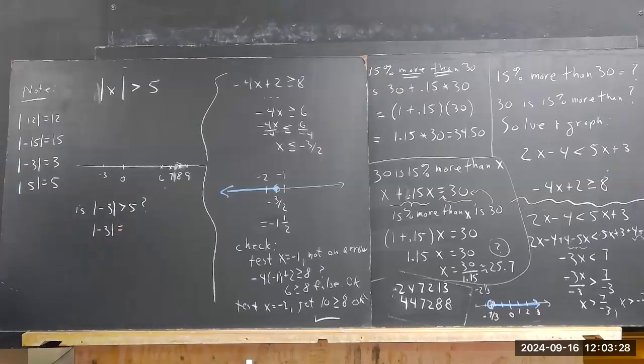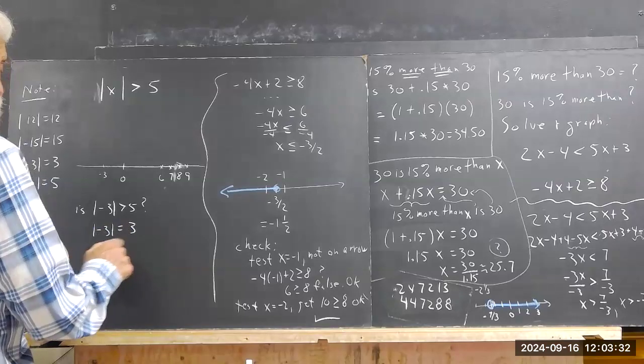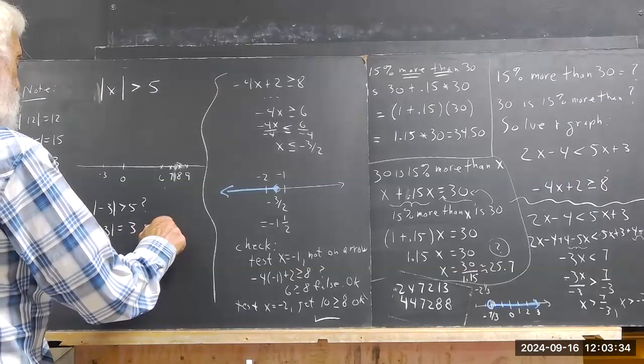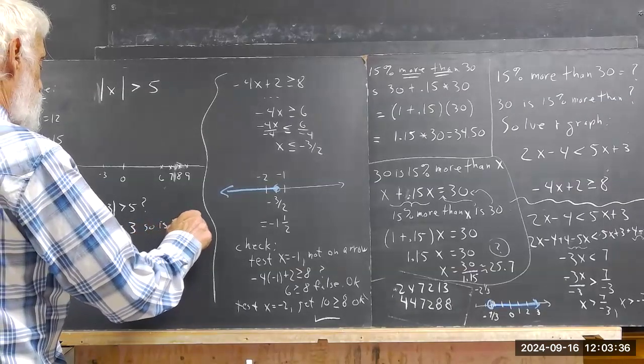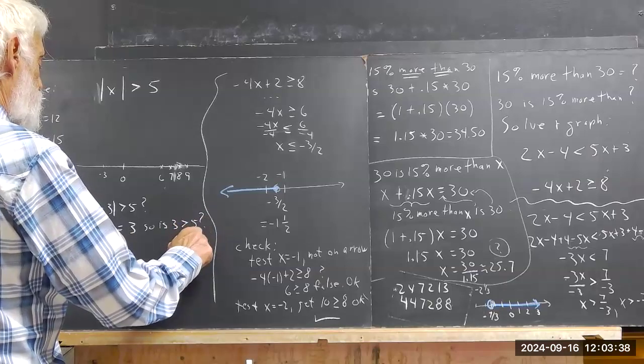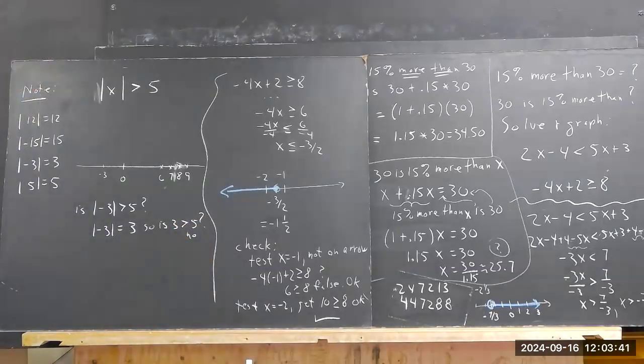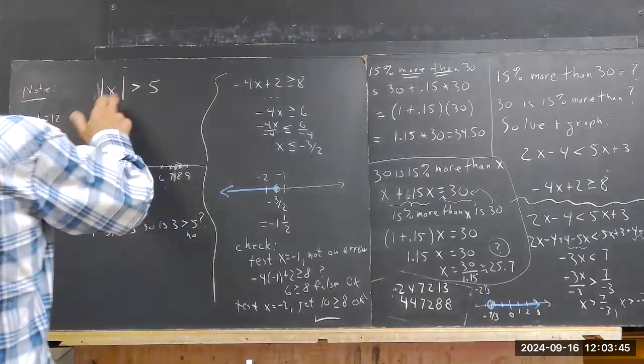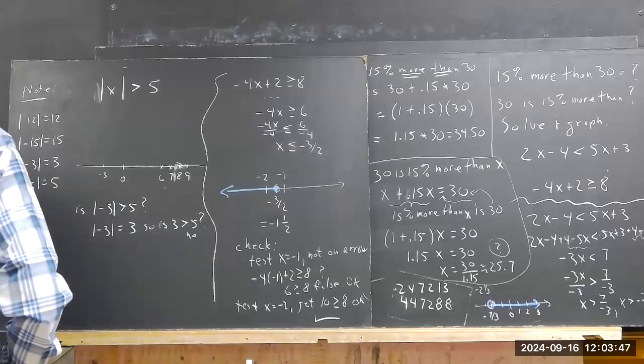It's 3. So -3 is to the left, but it's not a solution to this equation.